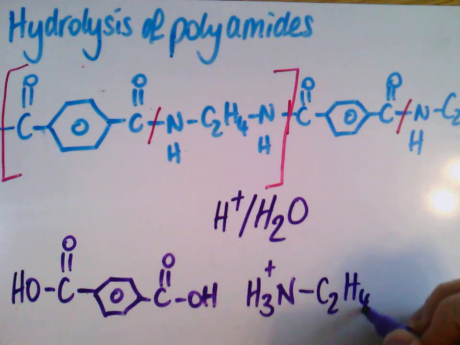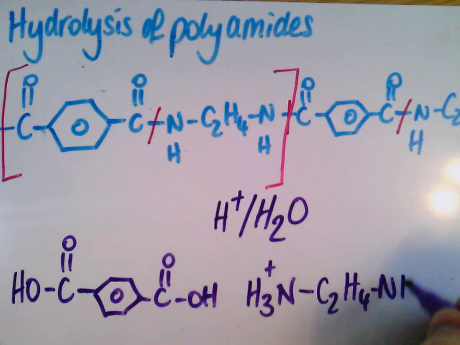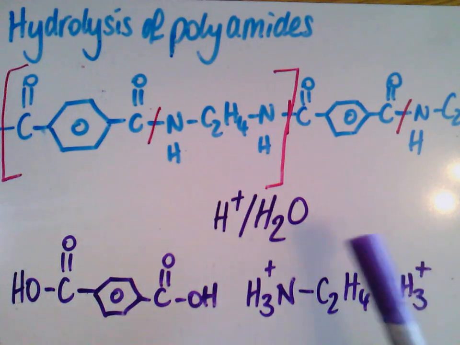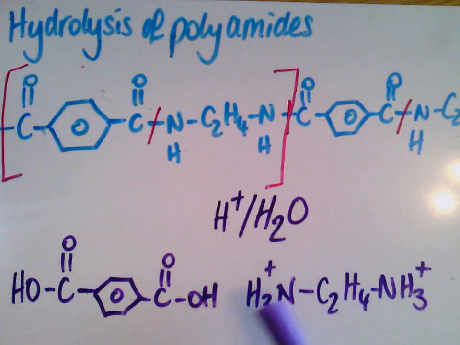So instead, we're going to have this charged amine that's produced with each lone pair on the nitrogen holding on to additional hydrogens. Remember, just as with our polyesters, depending on the number of repeating units you've got is going to depend on the number of moles of water and the number of moles of each of these that you produce.